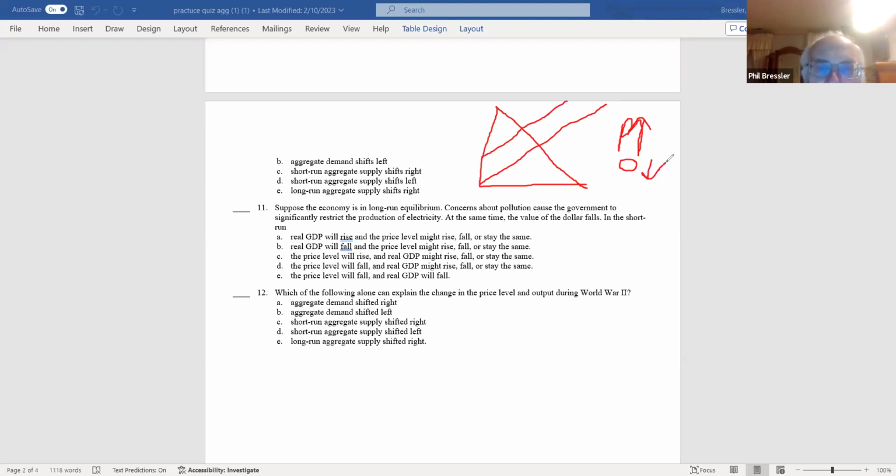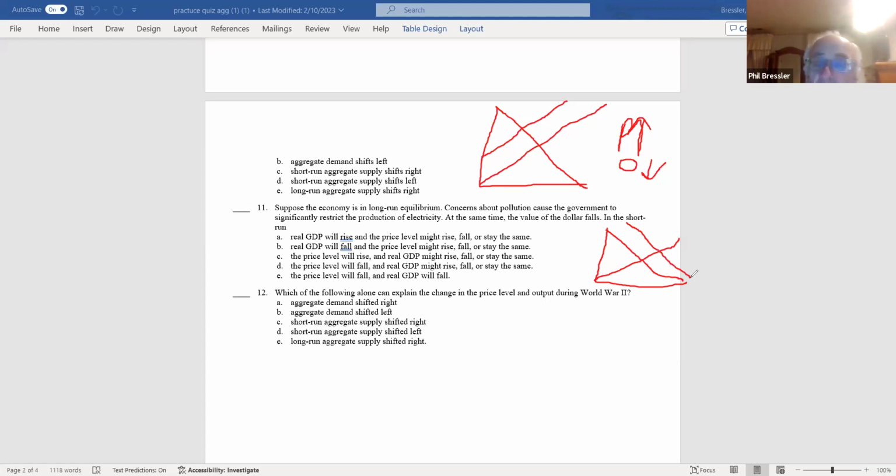Now, the second thing is at the same time, the value of the dollar falls. Oh, great. In the short run, we don't know. The value of the dollar falls, it makes our goods look very cheap to foreigners, so net exports would increase as foreigners would buy our goods, so demand would shift right.